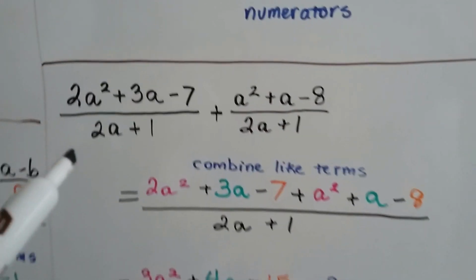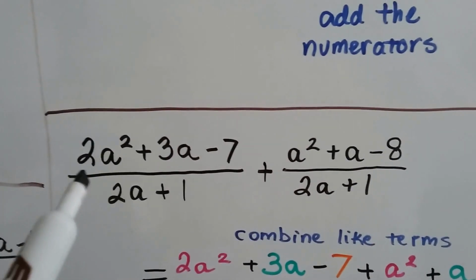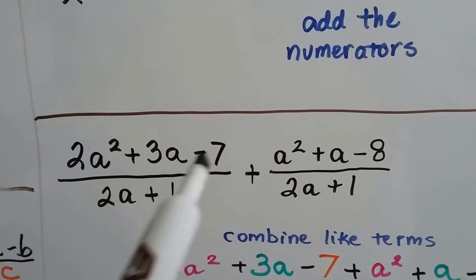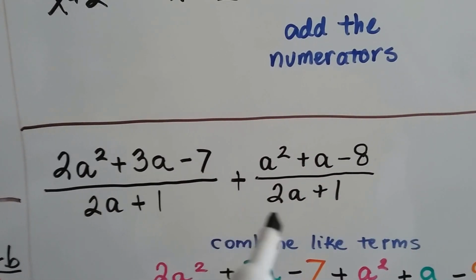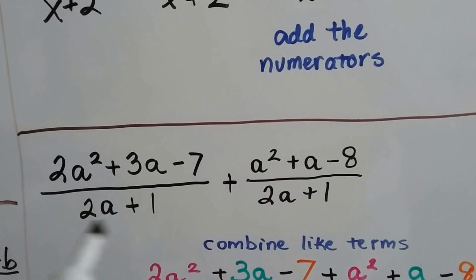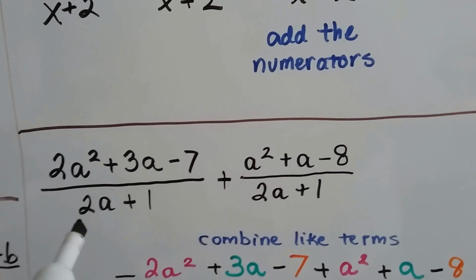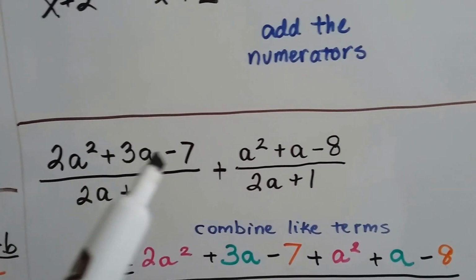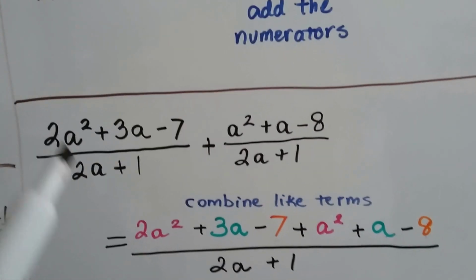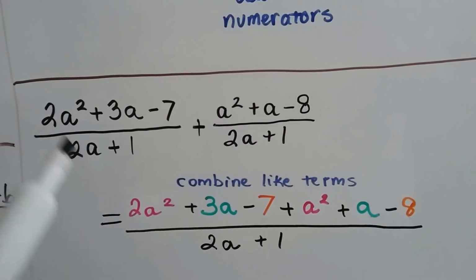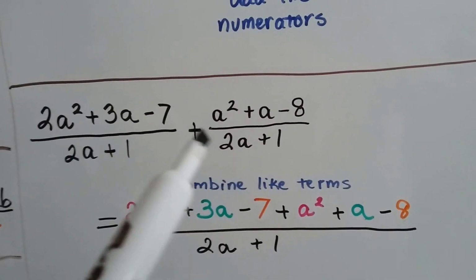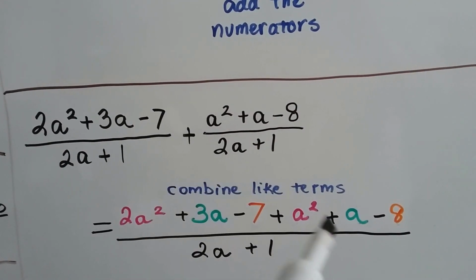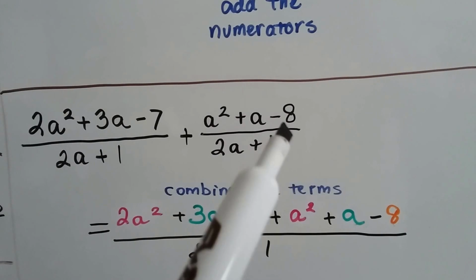Take a look at this one. We've got this big trinomial over this binomial, and we're adding it to this trinomial over the same binomial. So it's got the same denominator. We have to put all of this together and add it all together, okay? So we've got our 2a squared plus 3a minus 7 plus a squared plus a minus 8.